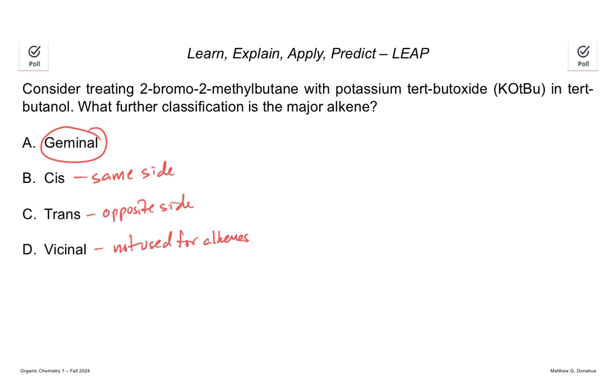The word vicinal is not used for alkenes, but it's used for other relationships that we'll learn in a little bit. Namely, this means neighbors, or 1, 2. So if you have 2 carbons with different substituents right next door to each other, we would say that's a vicinal relationship.